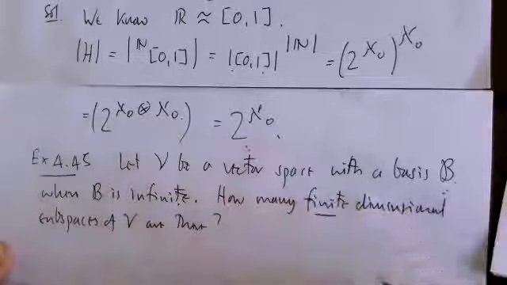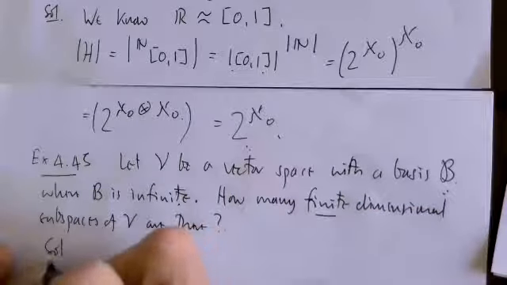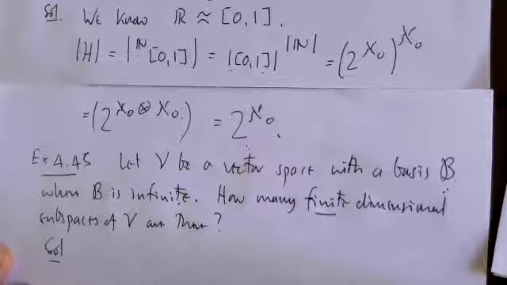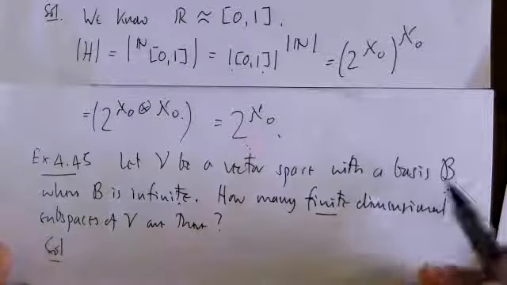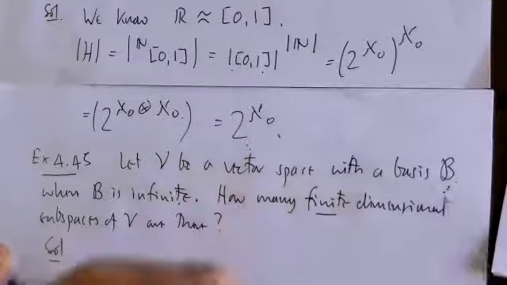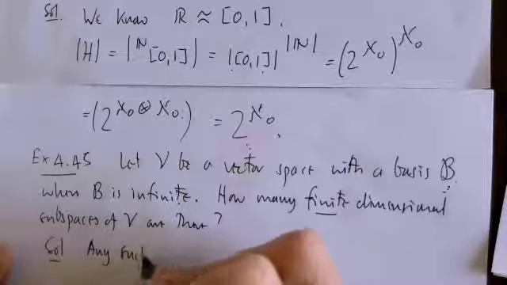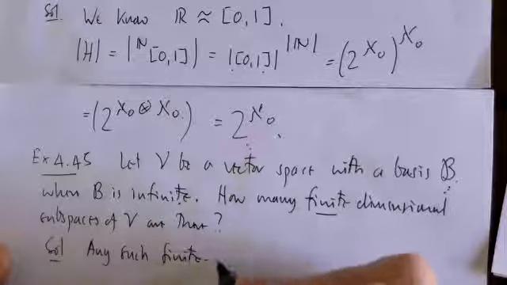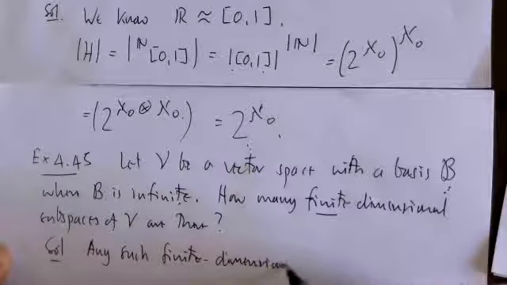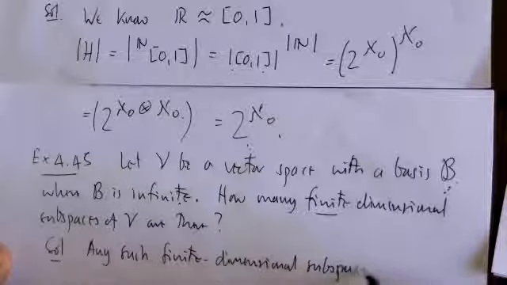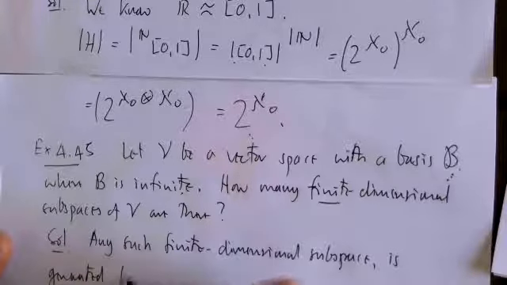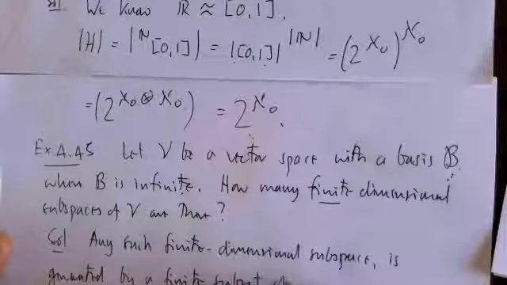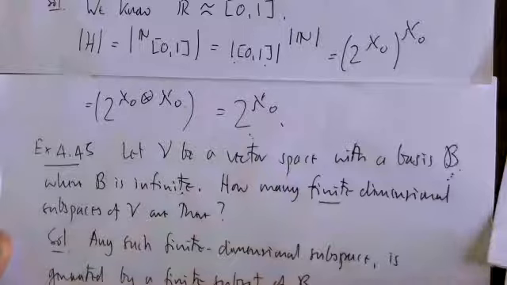So what you're being asked then is a coded question about cardinalities. Right? Well, a finite dimensional subspace of V is generated by a finite number of elements of the basis. So any such finite dimensional subspace is generated by a finite subset of B. After all, B is a basis for the whole space.